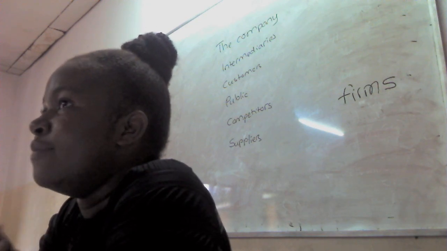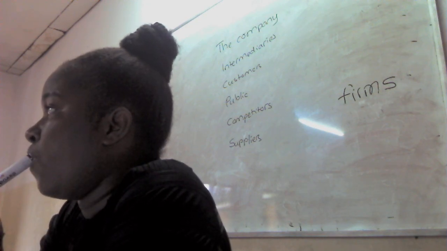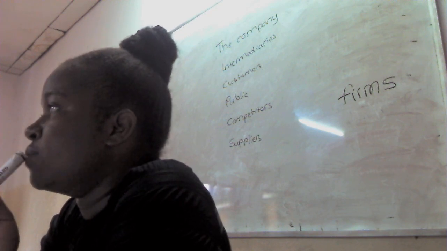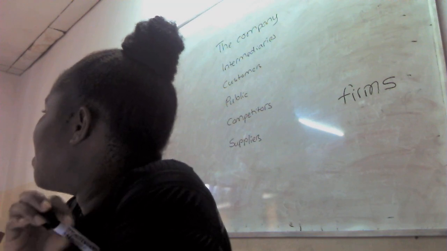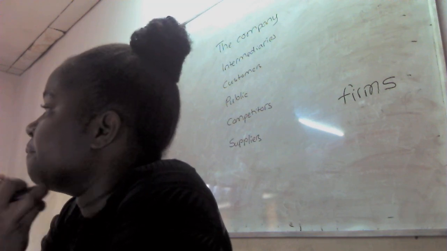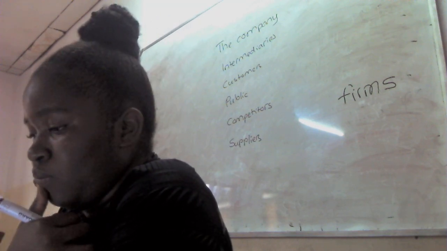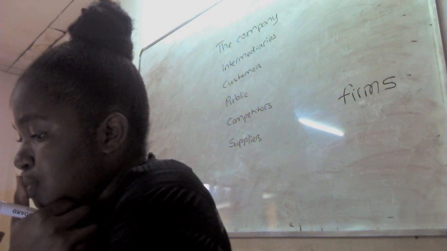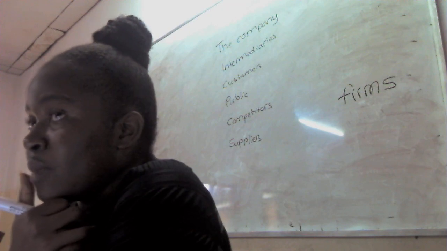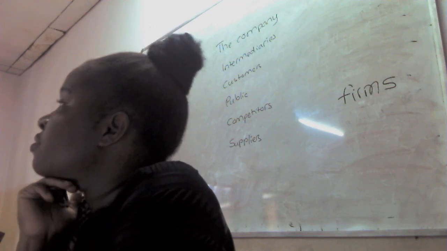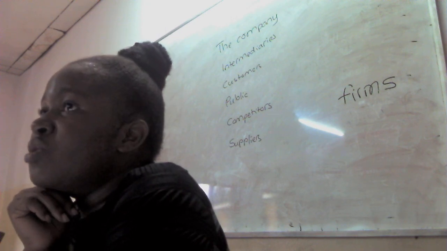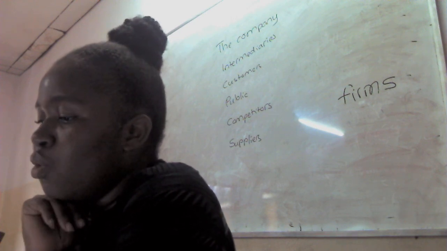Anyone who has an idea? Banks, yes. So they help in handling the finances of the company. They handle the finances and they also make sure that your goods are safe.